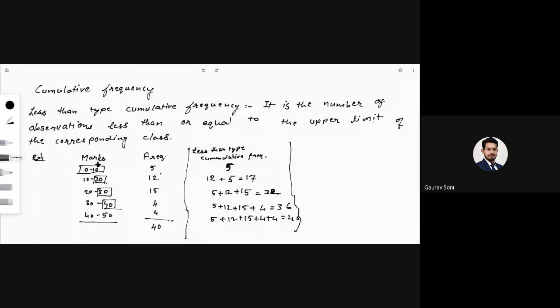Then there's another type of cumulative frequency which is called more than type cumulative frequency.